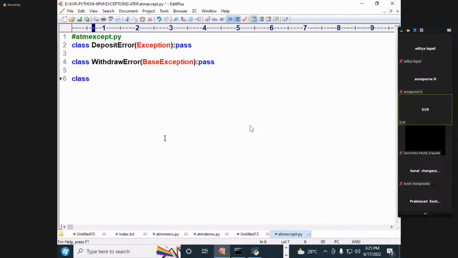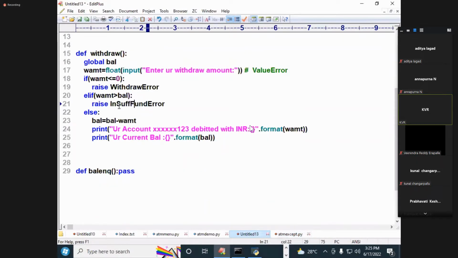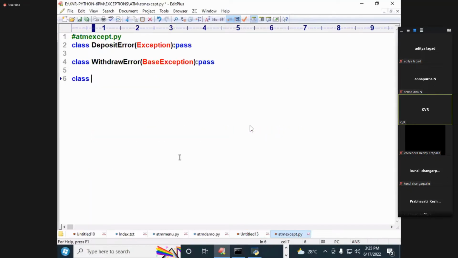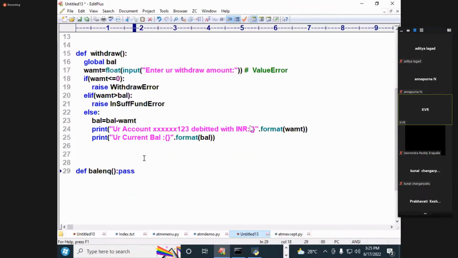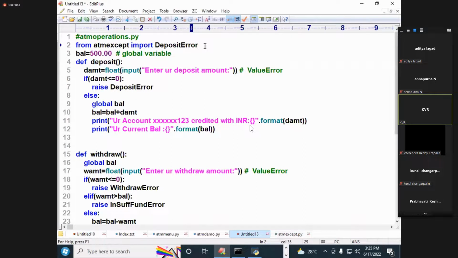Better I will take that class name as this, as I may make typing mistakes. Exception colon, pass. Control S. Next is called withdraw error. This exception I am going to get.